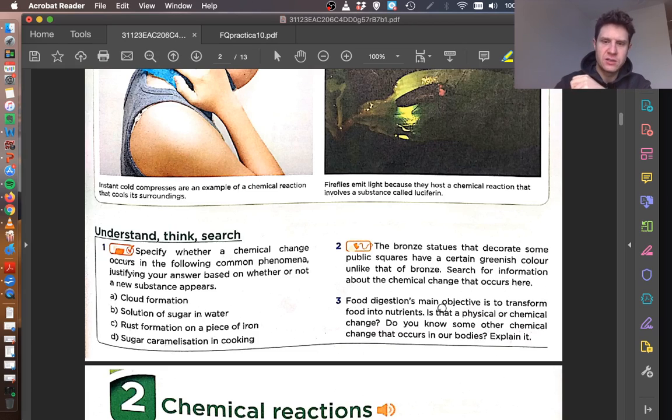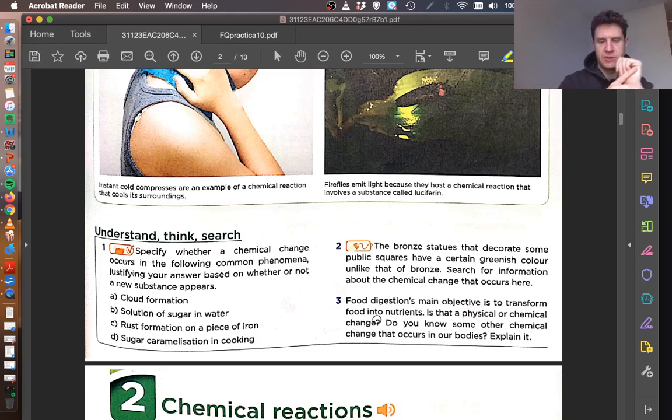Food digestion's main objective is to transform food into nutrients. Is that a physical or chemical change? Do we have some other chemical changes that occur in our bodies? Explain it. Good. It's a chemical change because we could, for example, take a protein and cut it in our digestion.